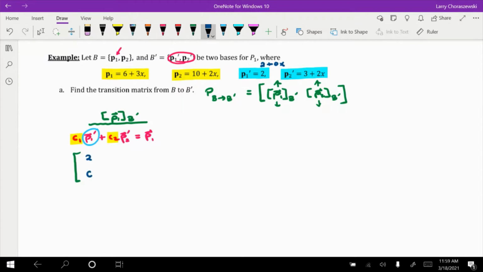And so that's how we populate column 1. What's going to go in column 2? The coefficients of P2 prime. Yep, which are 3 and 2. You got it. And I'm going to augment this with the coefficients of P1, which are 6 and 3.